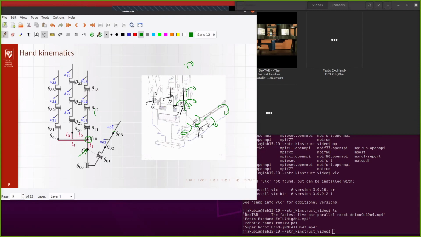And when you start to think about it, you can realize that you may consider the tip of the finger as an effector point, and that will be this point. But also, when you try to close and grasp some objects, you may touch them with another part, let's say the phalanx, so another part of the finger.